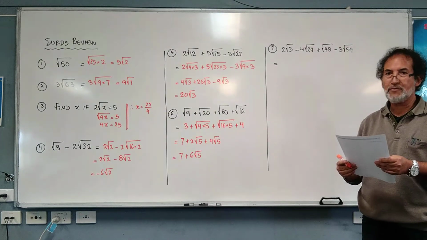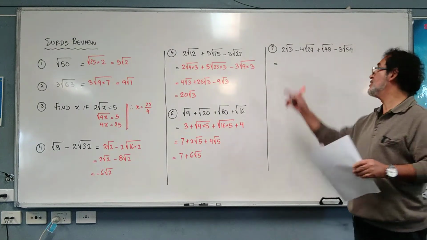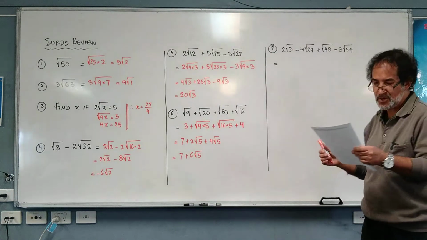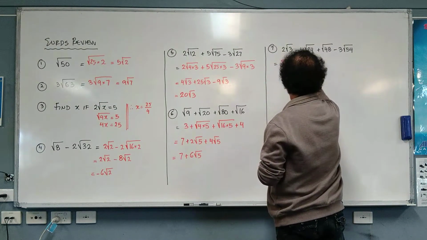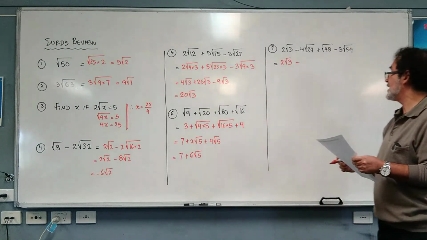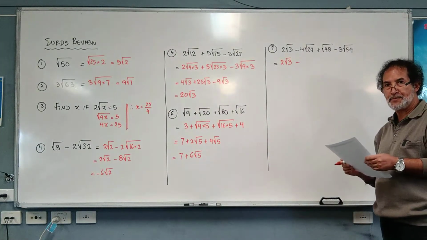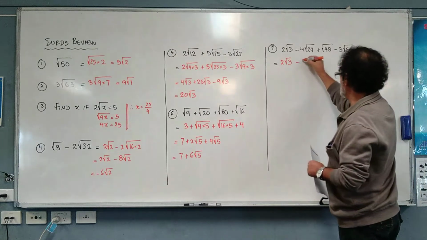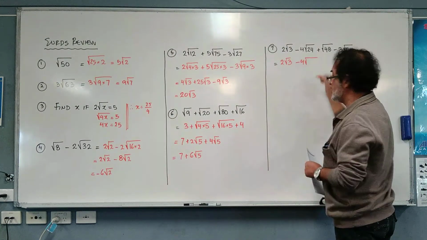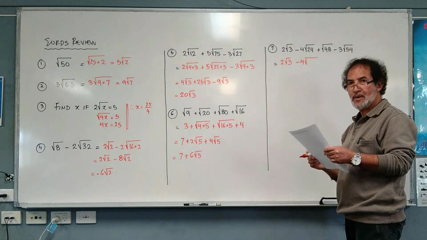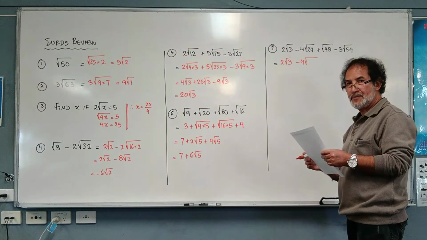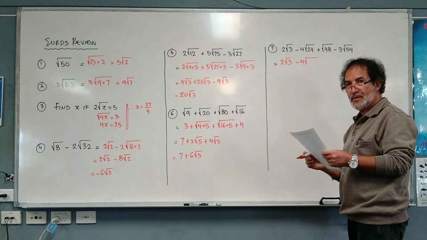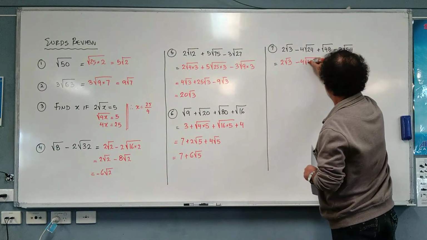Okay, Jasmine, can we simplify the first one? No. Okay, I'll leave it like that. Now tell me, how will you simplify the next one? Four times 6. Yeah.